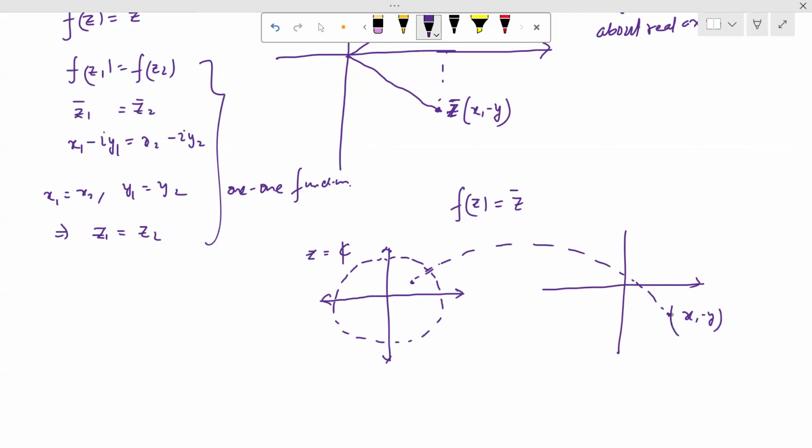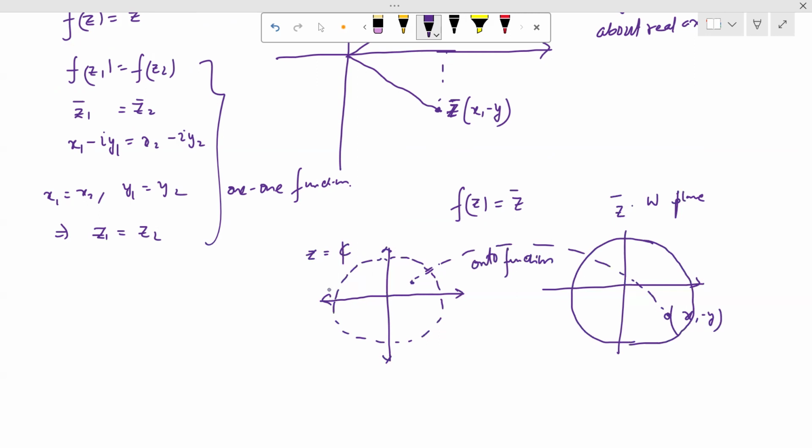So for every point in z bar, or you can say the w plane, you have a pre-image in the z plane. So clearly, this is an onto function also, because it is going to cover the entire plane.